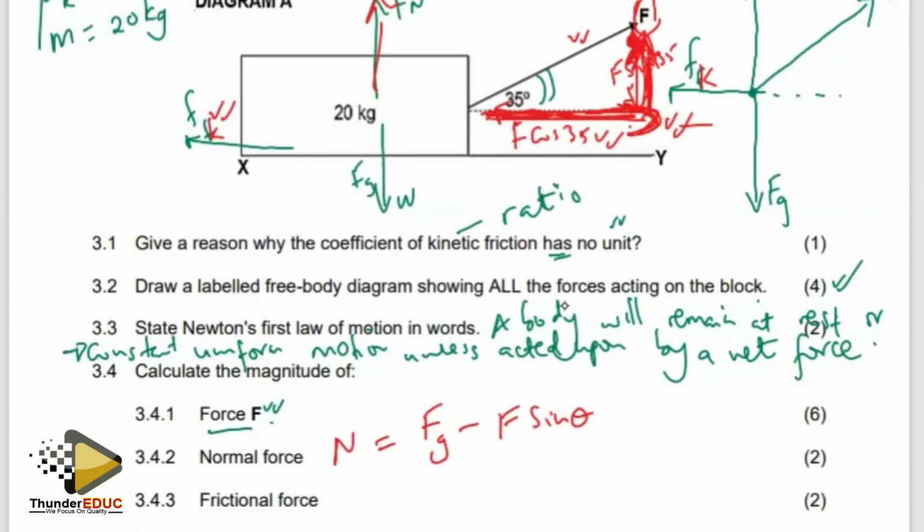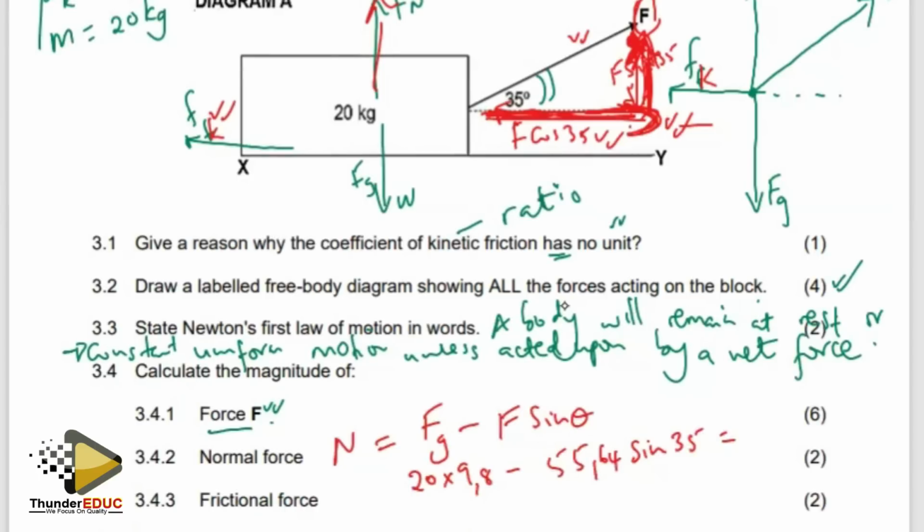Then our Fg is 20, which is the weight, times 9,8, minus our F sine of 35, which is 55,64 multiplied by the sine of 35. We punch this into the calculator.